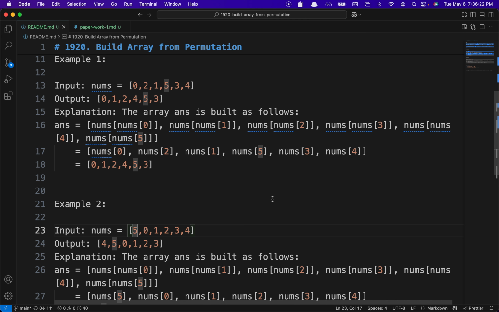Who needs nums of 1? Someone who has the old value of this value. Just keep going on. Hmm.